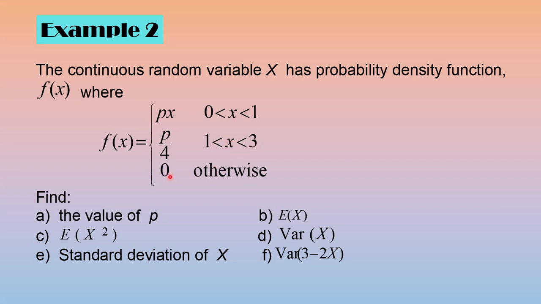Otherwise, the function is 0. Therefore, we want to find out what is A, the value for p, B, the expected value for X, C, the expected value for X squared, D, the variance of X, E, the standard deviation of X, and F, the variance for 3 minus 2X.